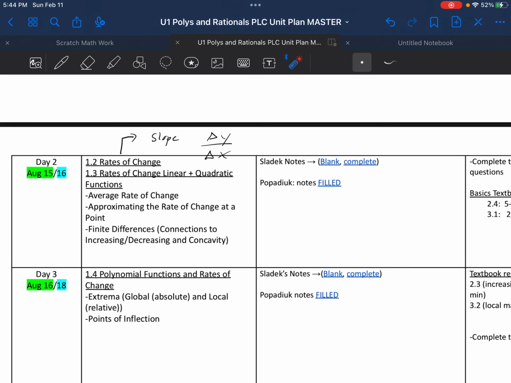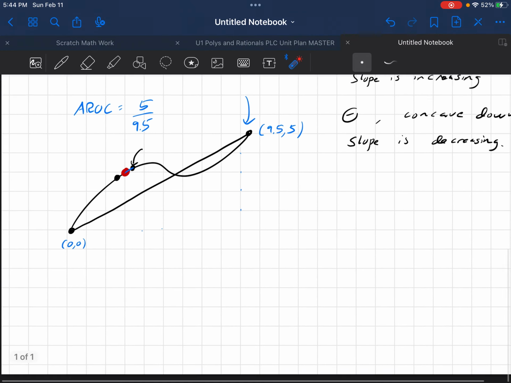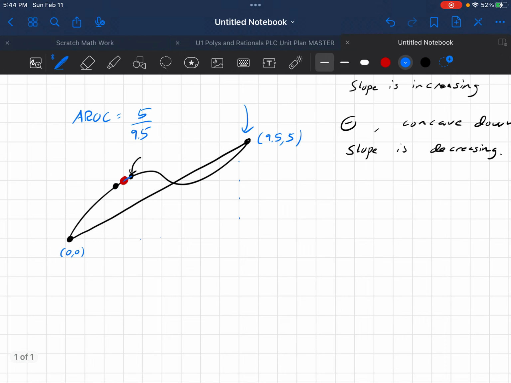For finite differences, we'd have a table of values. So if I just create something, x values 0, 1, 2, 3, 4, and y values 2, 5, 11, 23, 45.